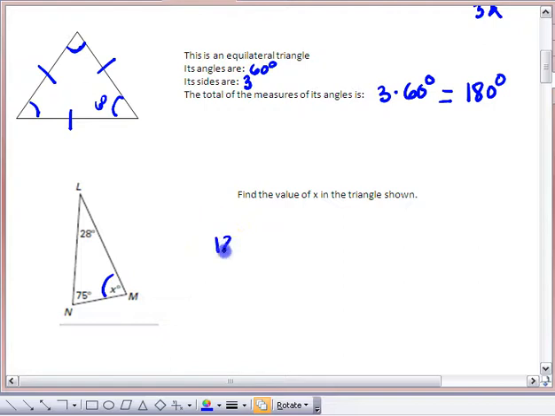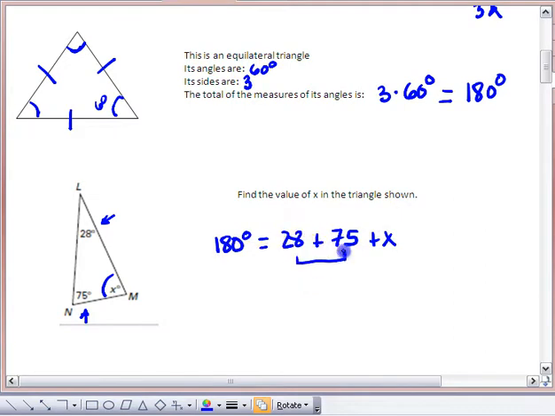So if I know this triangle's angles equal 180 degrees, then I can add 28 degrees, this angle right here, to this angle, plus 75 degrees, plus x, and those three angles should add up and equal 180 degrees.